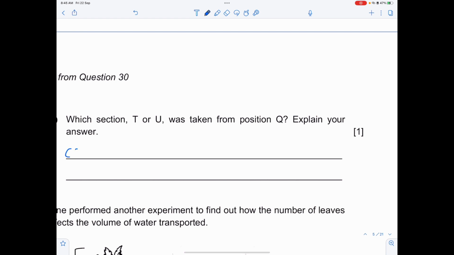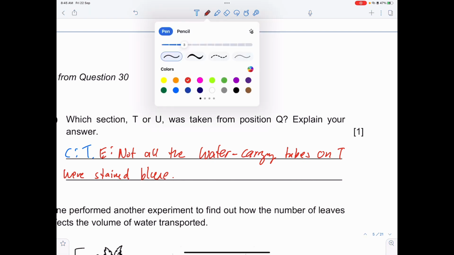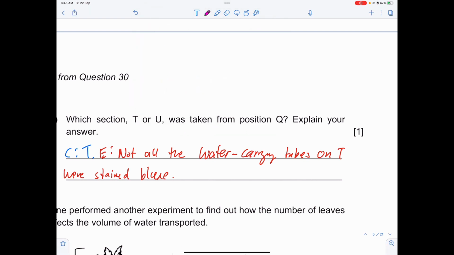Okay, the answer is T, and then your evidence: not all the water carrying tubes on T were stained blue. Another higher order answer for water carrying tubes is xylem.